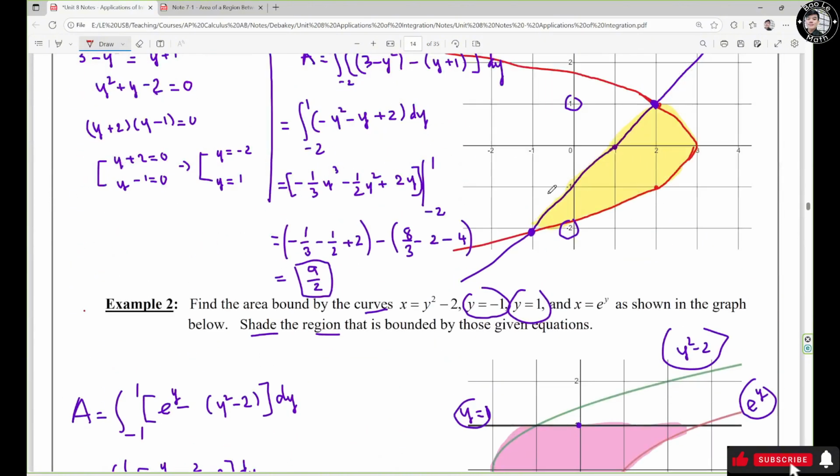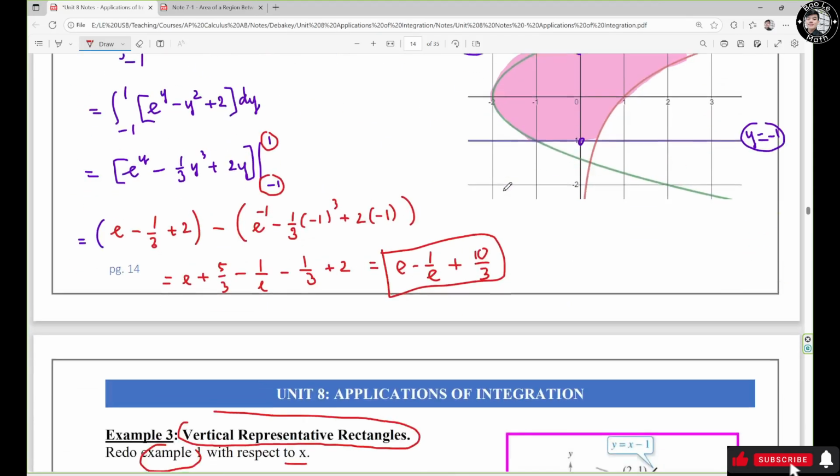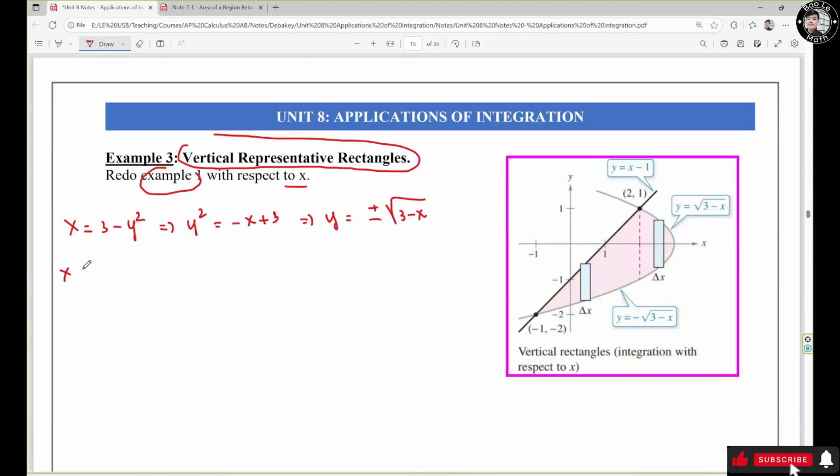Now, the second equation is going to be s equals y plus 1. Then you need to rewrite y in terms of s. So y equals s minus 1, right? You just set this guy and this guy equal, so that you're going to find the intersection, right? Which I did in the first example.